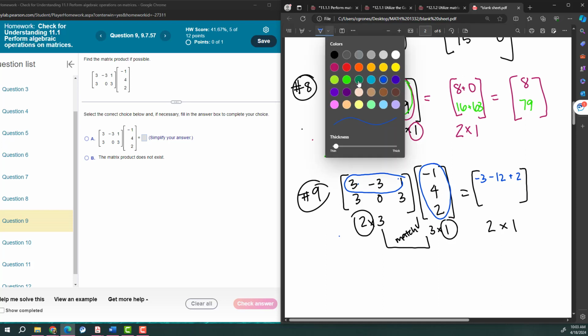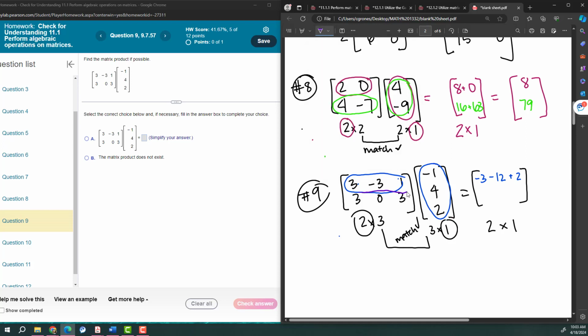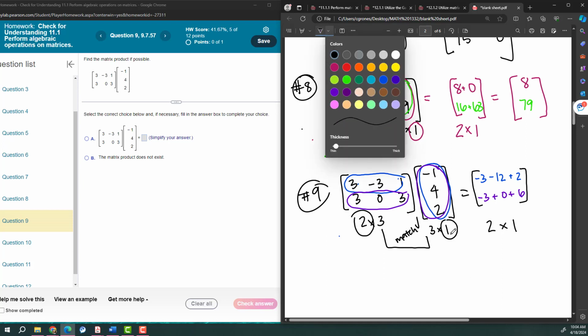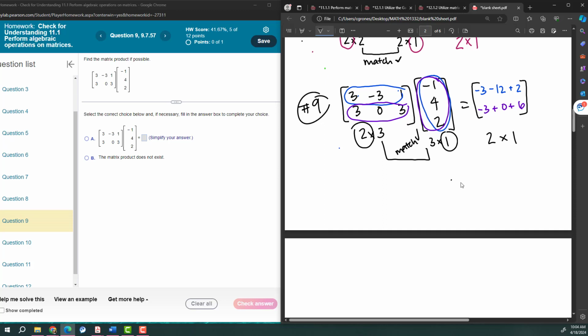Okay, and then over here, second row, same column, we've got 3 times -1, -3, 0 times 4 is 0, and then 3 times 2 is 6. So our final answer is going to be, we've got -3 minus 12 plus 2. So we've got -13 and then 3.